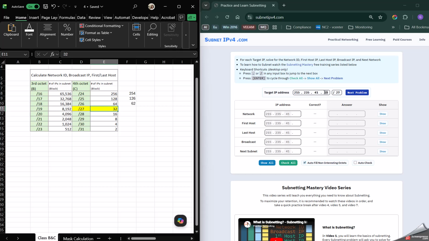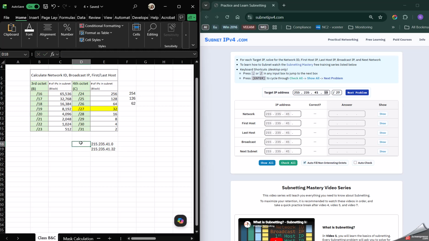Okay, so here I know that my first batch, let's say, is going to start at 215.235.41.0. So that would be my first subnet. The 0 would be the network IP for the first subnet. Now, the next subnet would be 215.235.41, and because we have blocks of 32, it's going to be 32.